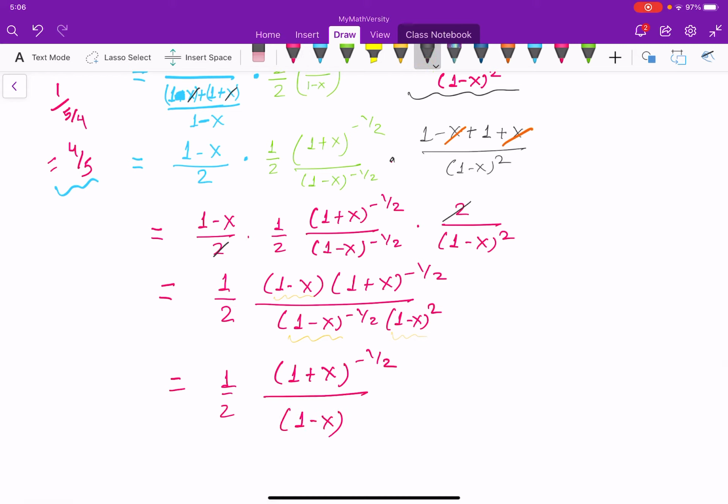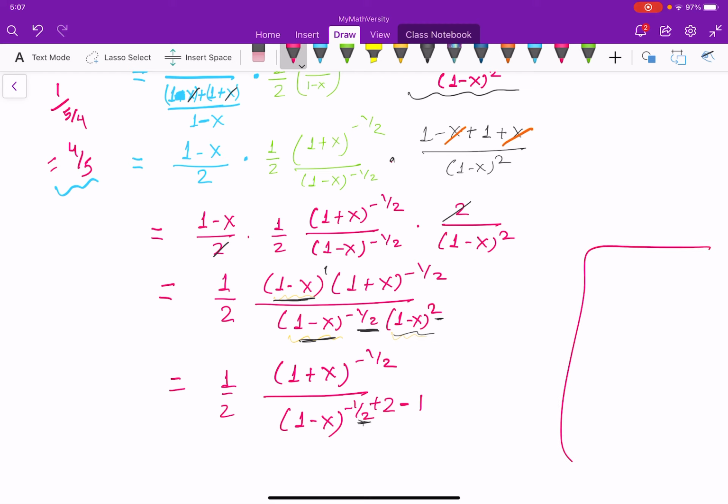Because we have negative 1 half over here, let's write down negative 1 half, and then we have 2 on the power here, but they have the same base, so we can combine these powers. In that case we write positive 2, and also there is 1 minus x over here raised to the power 1 at the top, so we write negative 1, so that we are combining the powers. So let's simplify the power here.